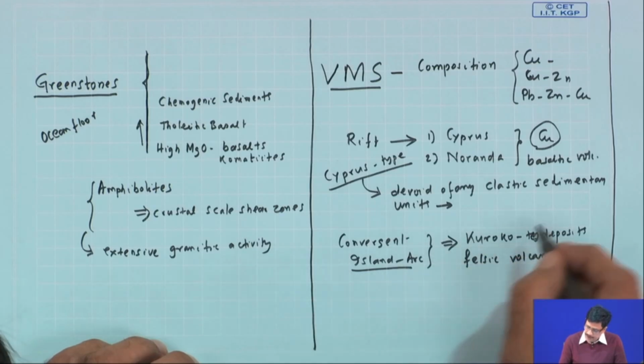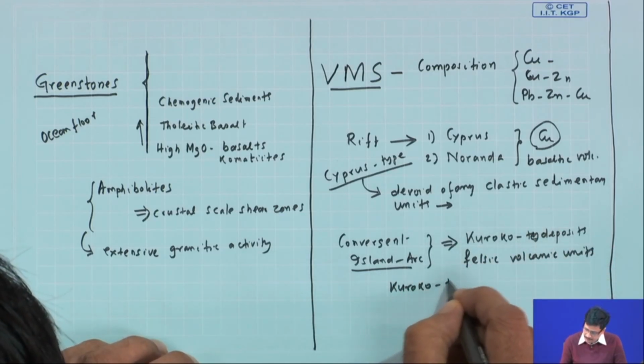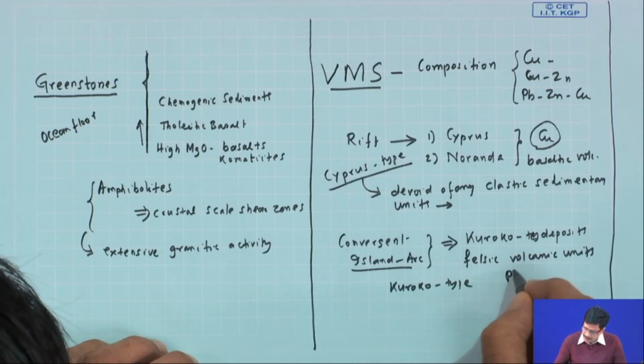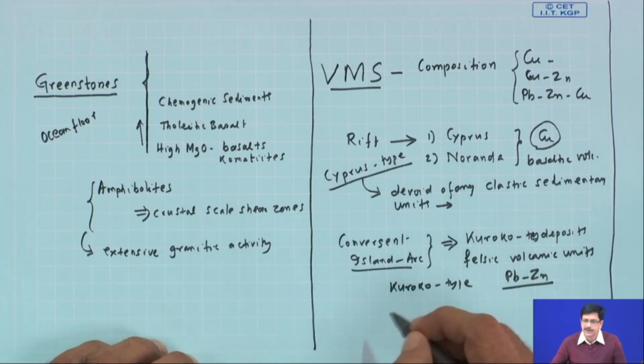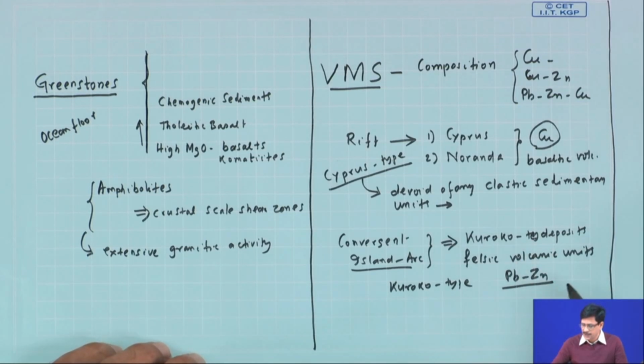These are generally known as the Kuroko type deposit, and they are essentially lead-zinc deposits. They occur much later in the geological history of the earth, and such older deposits are not known so far, whereas the older analogues of the Cyprus type are very well known.